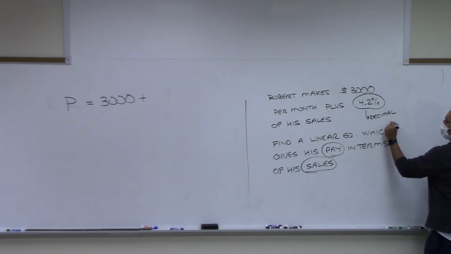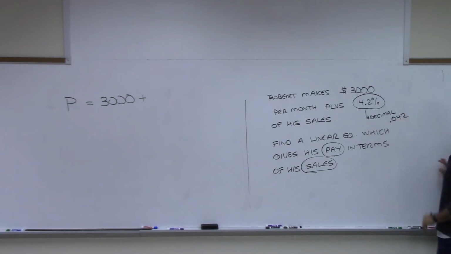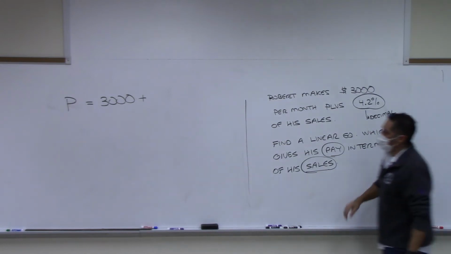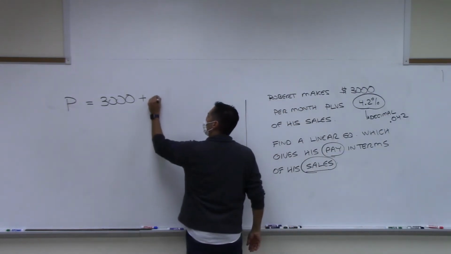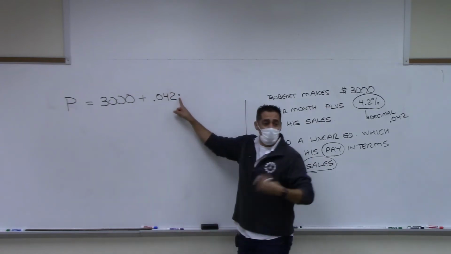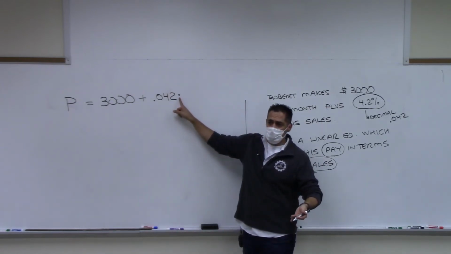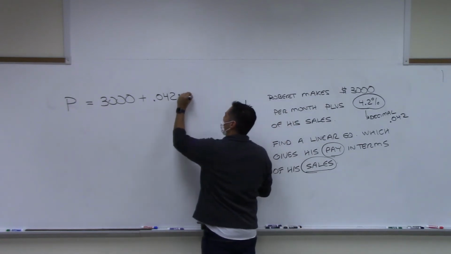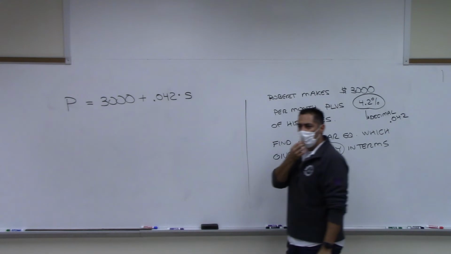So it'll be 0.042. That's this percentage written as a decimal. Now, what we're going to do is take that number, 0.042, and we will multiply it times however much I sell, right? But I don't know how much I sell, so I'm going to just leave it as a variable. Why don't we call it S for sales?